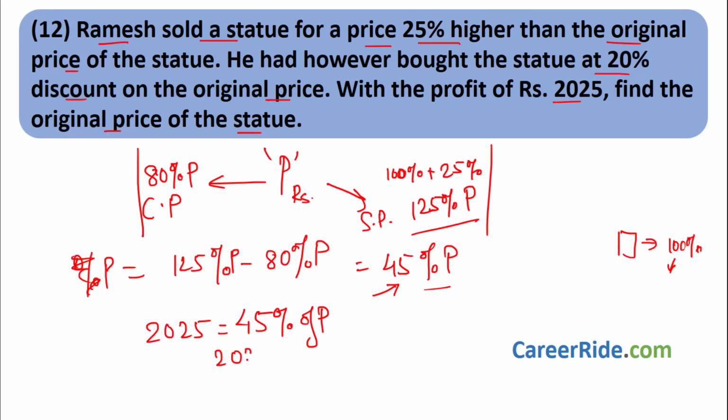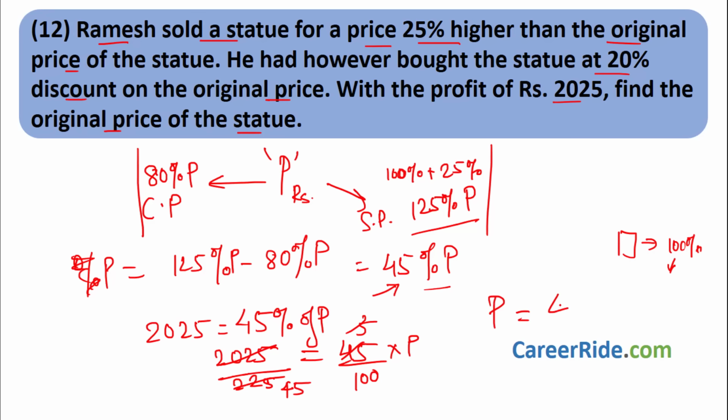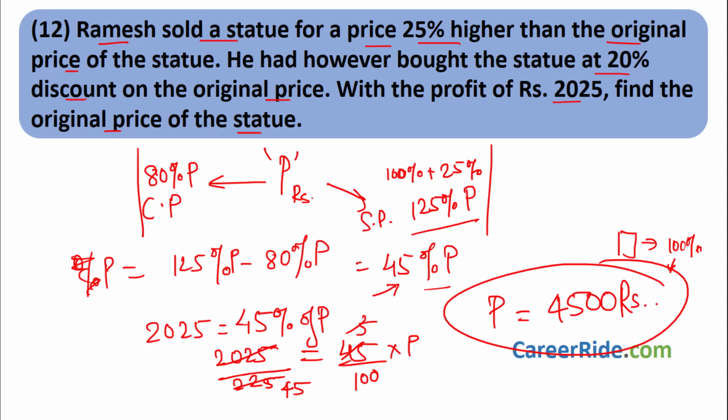What do we get? 2025 equals 45 upon 100 multiplied by P. So P would be equal to 2025 times 100 divided by 45, that is 4,500 rupees.